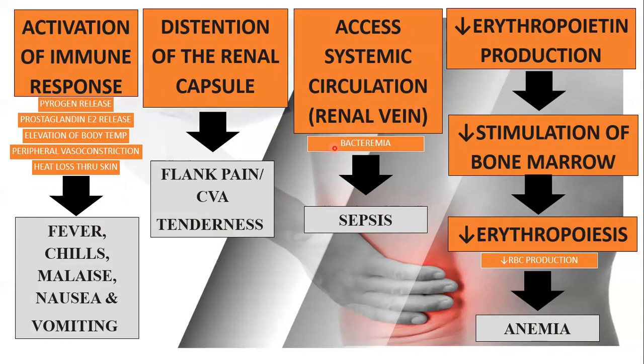That would lead to bacteremia, which would ultimately lead to sepsis. As for the decrease in erythropoietin production, there would be a decrease in the stimulation of the bone marrow. Therefore, erythropoiesis would also be decreased, and it would ultimately lead to decreased RBC production, manifested in our patient as anemia.